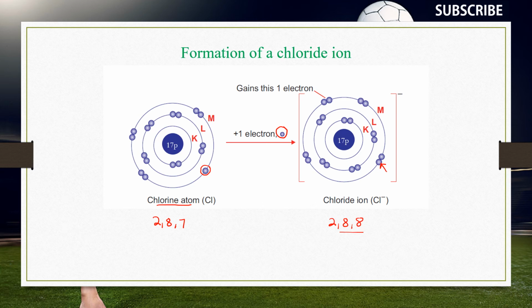At the start it had 17 electrons with 17 protons in our nucleus, but on gaining that 1 electron, it will now have 18 electrons. However, in the nucleus it still has 17 protons, and we shall have an overall charge of 1 minus. That's why we have Cl minus as the symbol for the chloride ion.